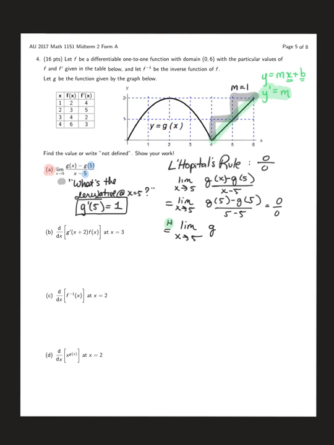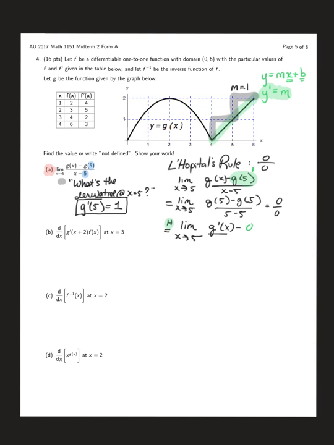That would be g prime of x minus, well, what's the derivative of g of 5? G of 5 is equal to 1, and the derivative of 1 is equal to 0. So I'm just going to put 0 there, because g of 5 represents a number. It represents an integer, it represents 1, and the derivative of 1 is 0.